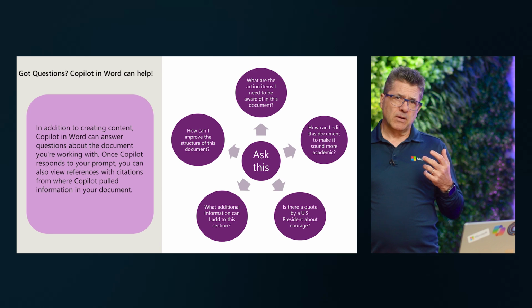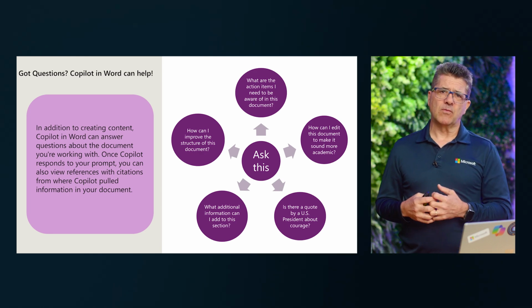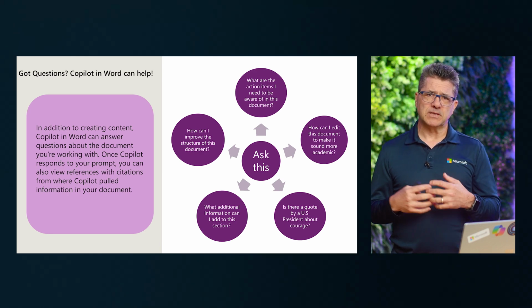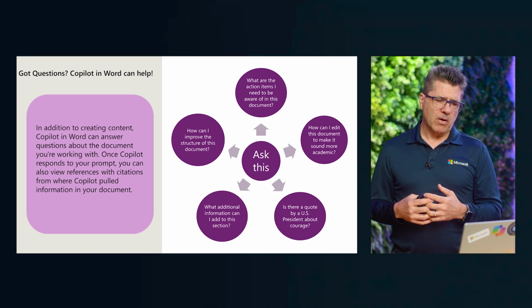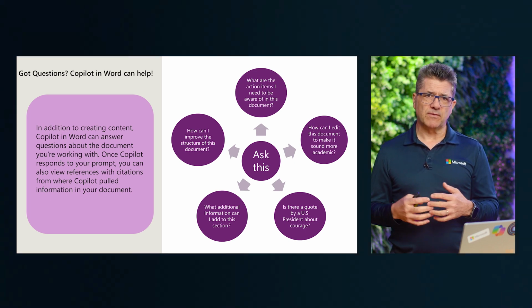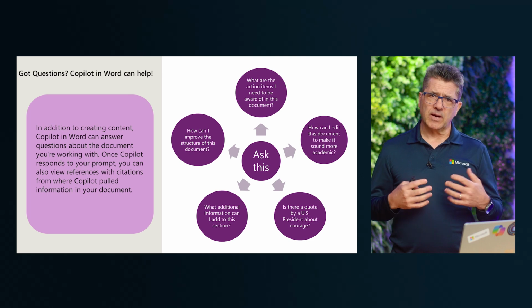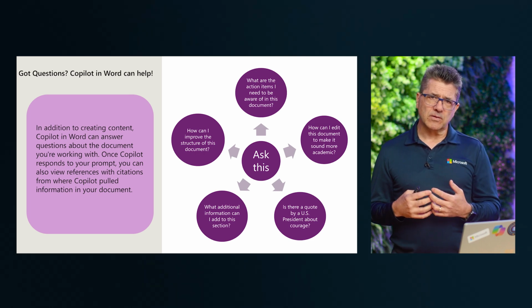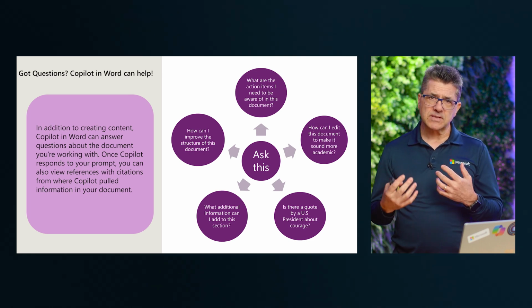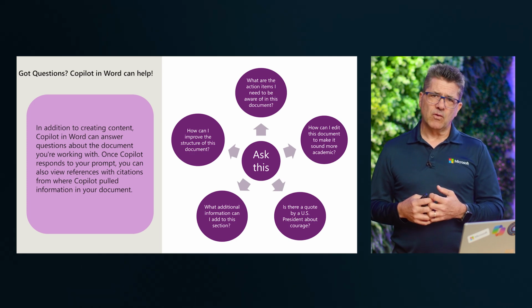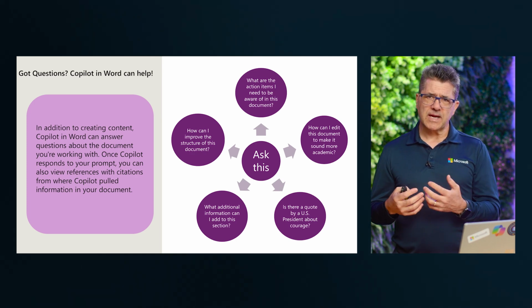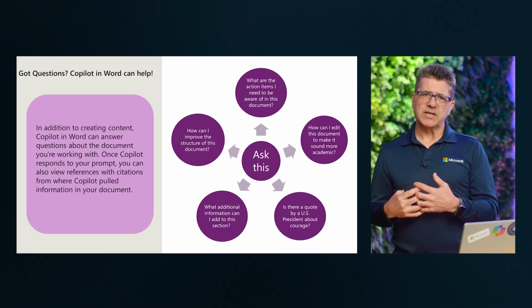So if you think about the type of questions that I can ask in terms of Copilot, one of the things that I can ask is in terms of action items. I can look at how Copilot in Word is going to be able to answer specific questions that I have. Once that question is answered, do I keep it or do I change?